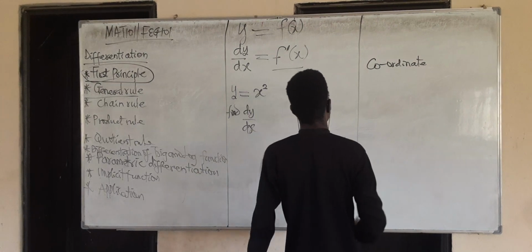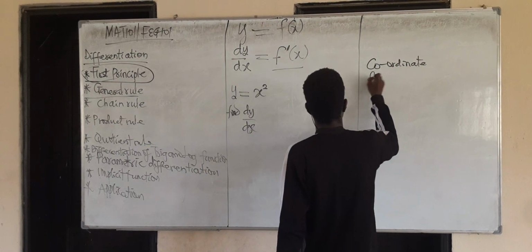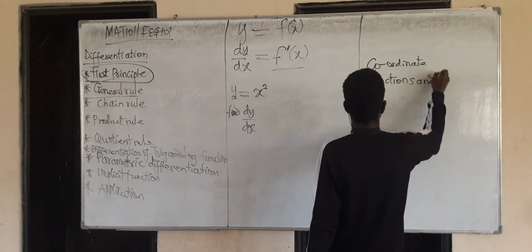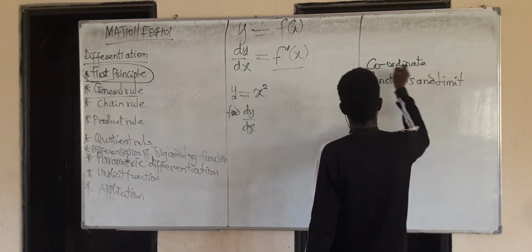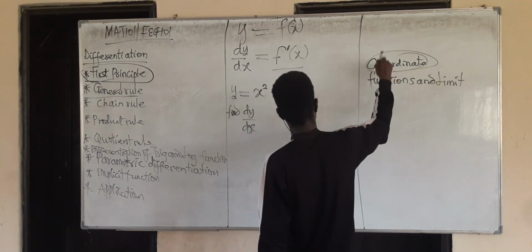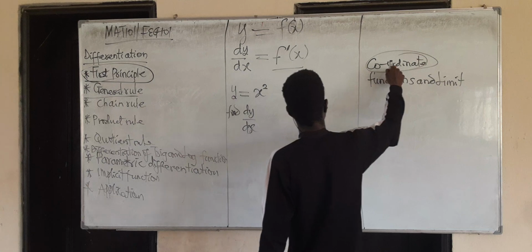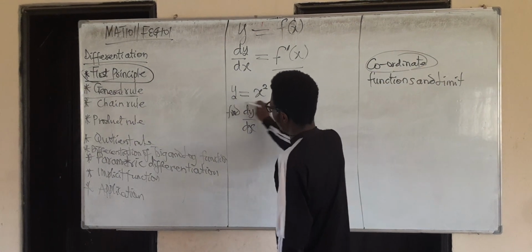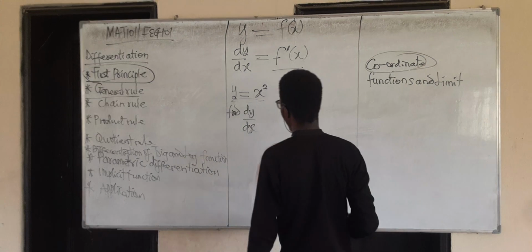You have functions and then limits. It is from this point that you will be told to find the gradient at a particular point, and that is the concept of dy over dx.